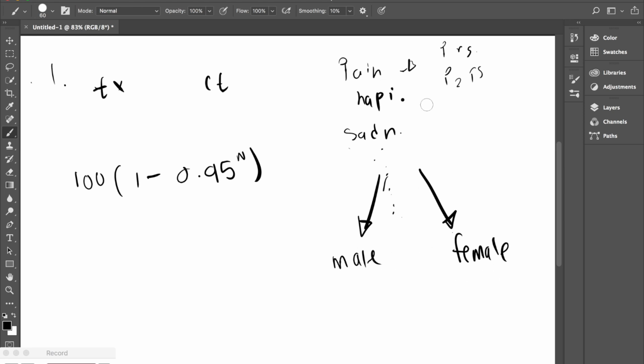Let's say we were looking at knee injury in braced versus non-braced skiers. And let's say then I want to look at knee injury in braced males and knee injury in non-braced males, and I want to compare that to knee injury in braced females and knee injury in non-braced females. Well, that's also going to contribute to my independent comparisons. Subgroup analyses are also going to contribute to that.